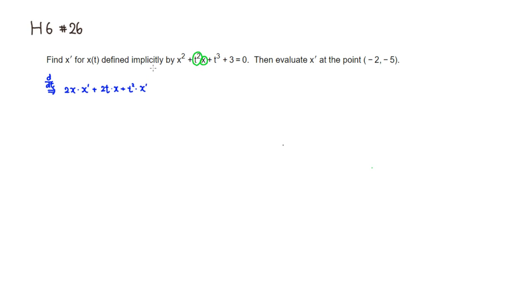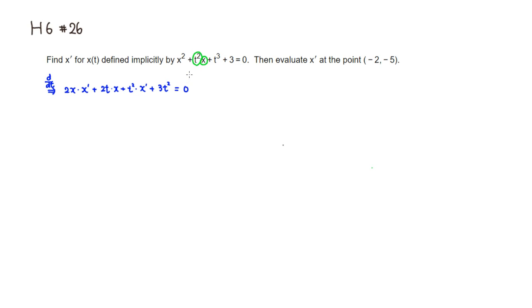The third term is easy because it's written in terms of t, so the derivative of t cubed is 3t squared, just the power rule. The derivative of 3 is 0 since 3 is a constant, equals the derivative of 0, which is 0.